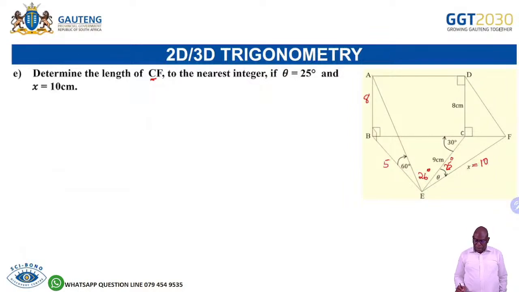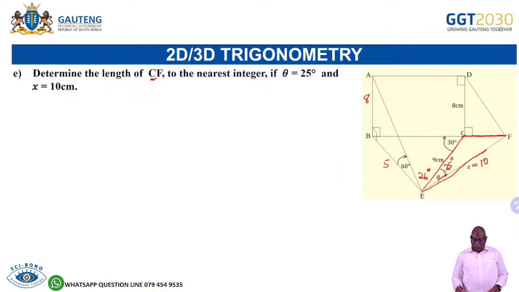Now, for me to get CF, can you see that small line CF there? What do I have for me to get it? I have this side here, I have this side there, I have this angle here.